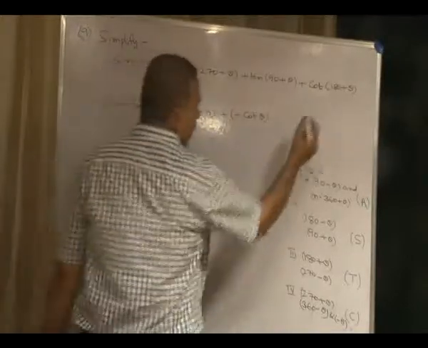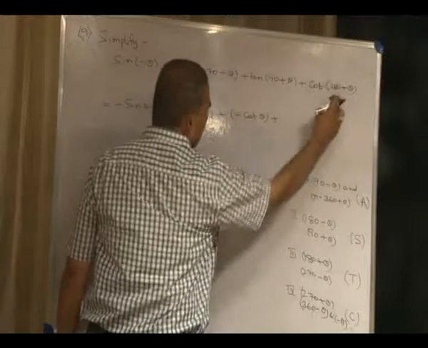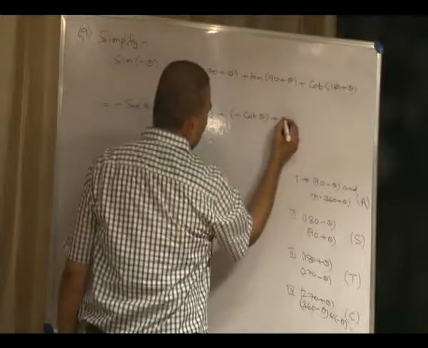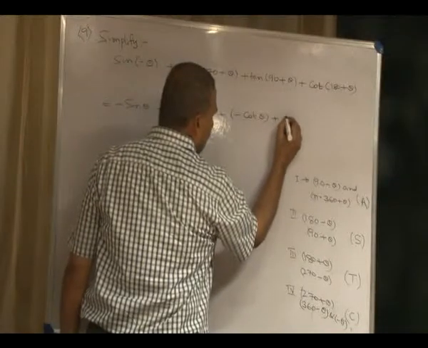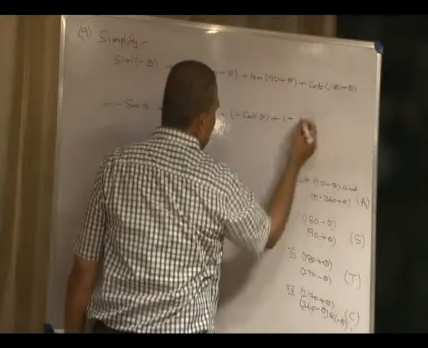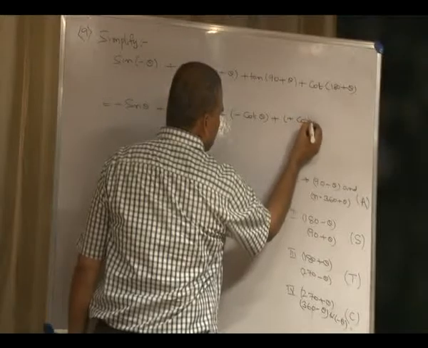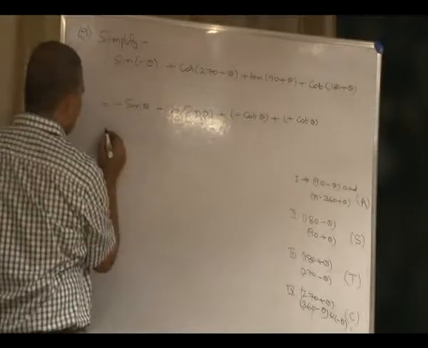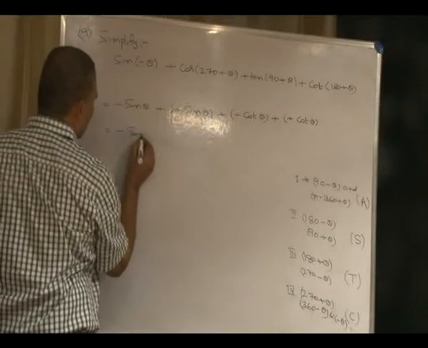An angle 180 plus theta comes under third quadrant. In third quadrant cot is positive, and in 180 plus theta same function, that is a minus sin theta.